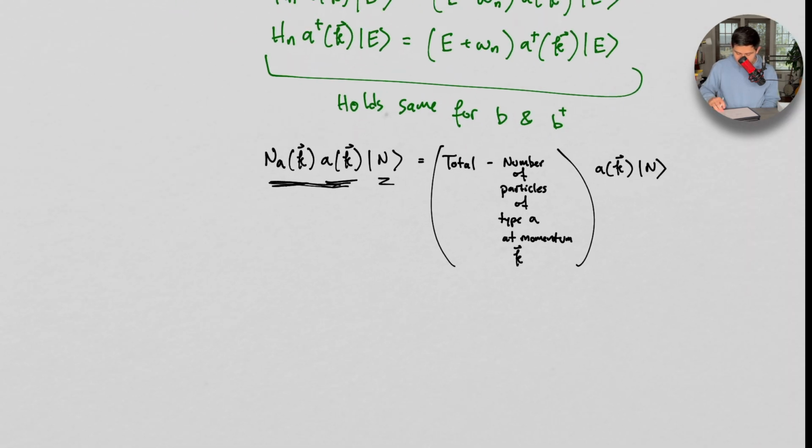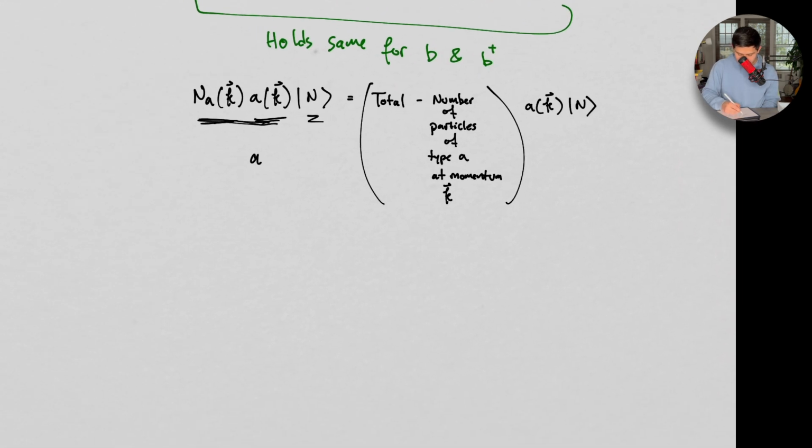So this is what's going to happen, and we can do this for A dagger. That's going to add. We're going to have an addition sign if we have A dagger. If we have B, this is going to change to a B, and if we have B dagger, that's going to be plus as well.